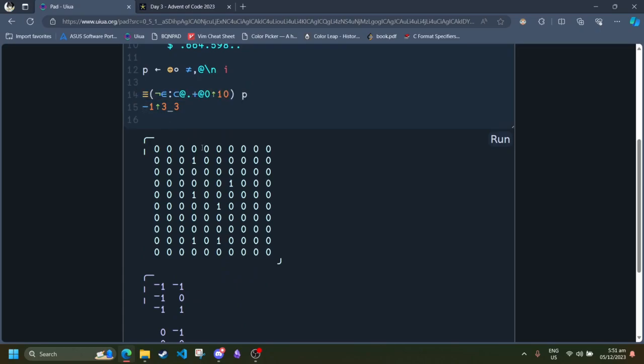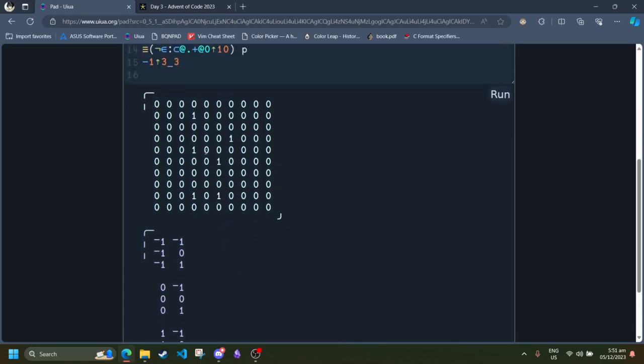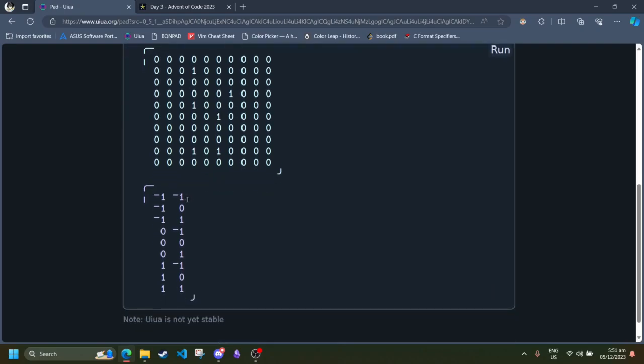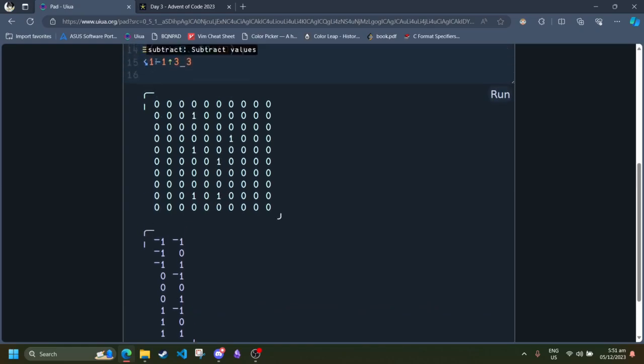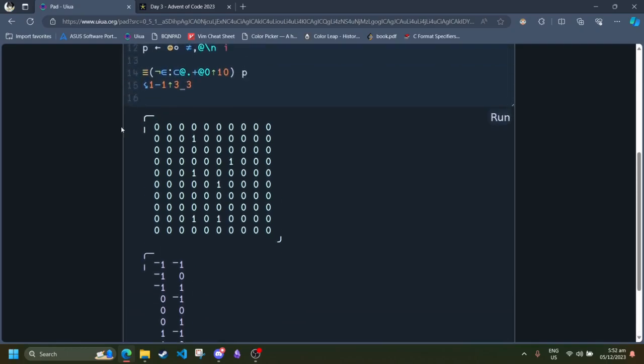So if we do that, then we combine these, and all of the rows would be rank 1 arrays. Basically we turn this into a two-dimensional matrix.